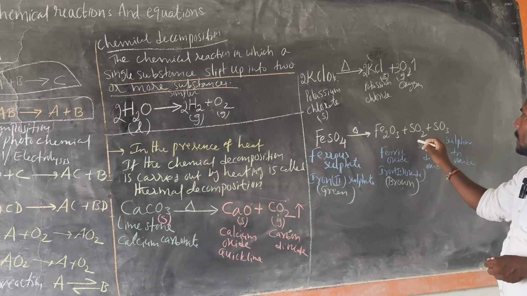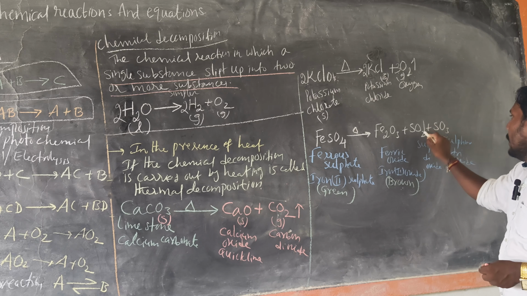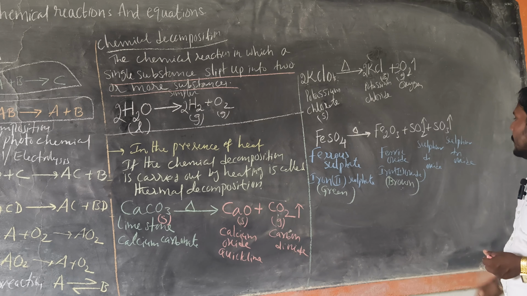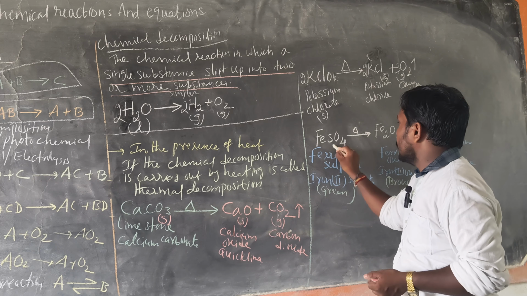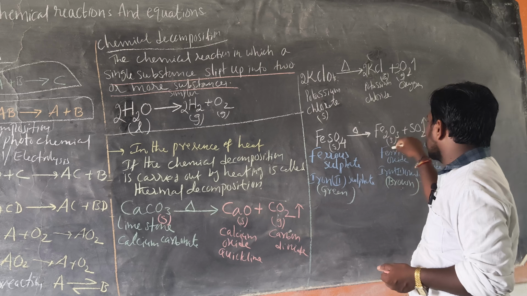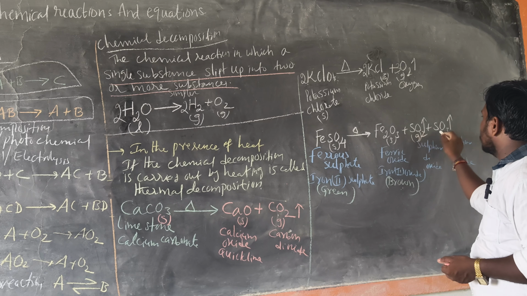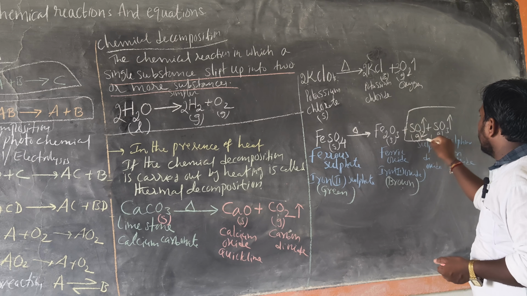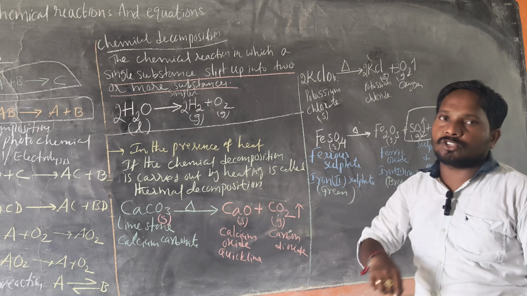Along with it forms two gases, SO2 and SO3. Here the iron sulfate is a solid and ferric oxide is also a solid, so the gases are sulfur dioxide and sulfur trioxide.